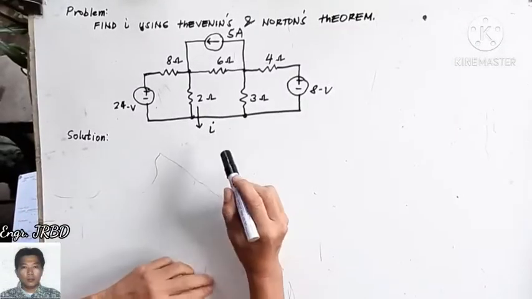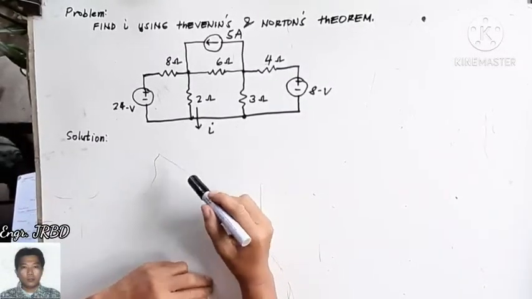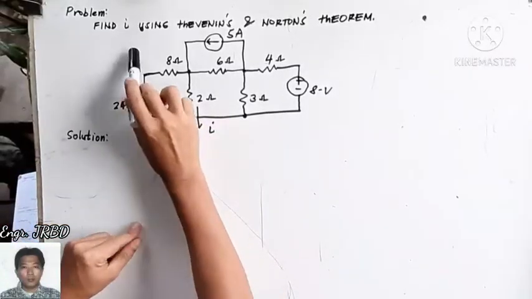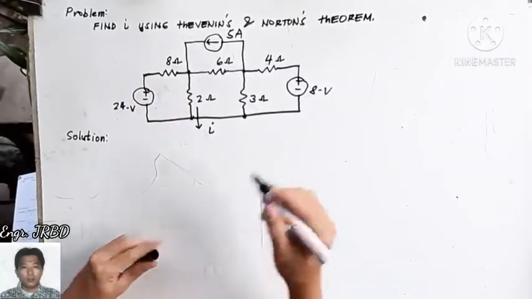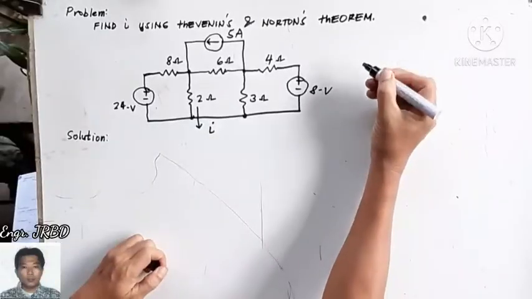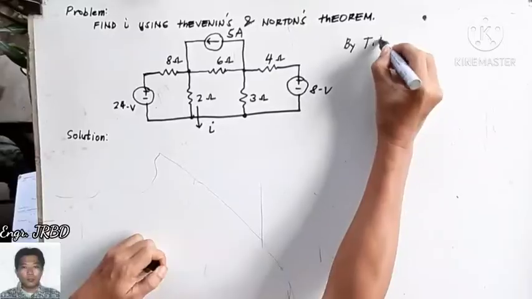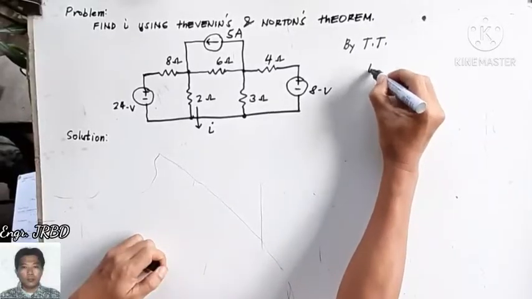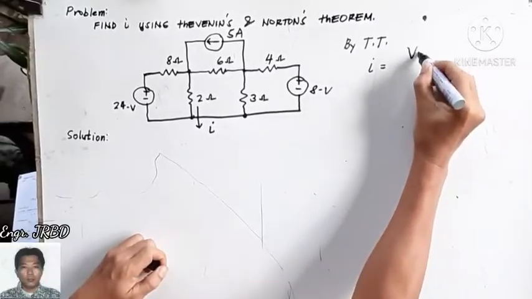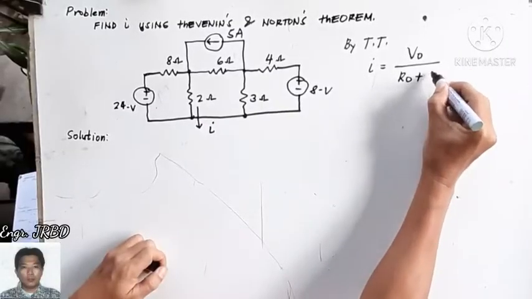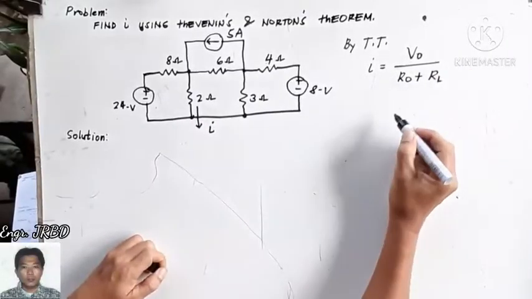Okay, so this is our problem for today. You are required to obtain your I using Thevenin's and Norton's theorem. By Thevenin's theorem, your I is the open circuit voltage divided by the looking back resistance plus your load resistance RL.